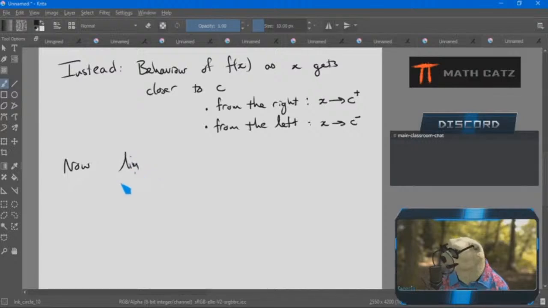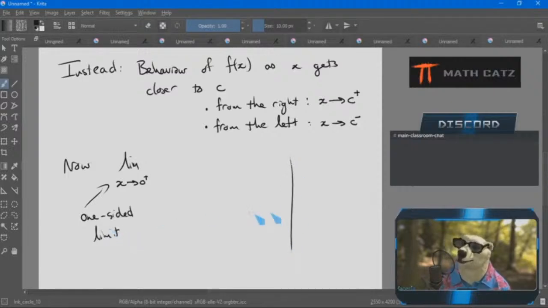Now, the limit as x approaches 0 from the right, we'll call that a one-sided limit for obvious reasons. Look at my function again. Look at the graph. Now the requirement is I'm only getting closer from the right side. I don't care about the left side of 0.